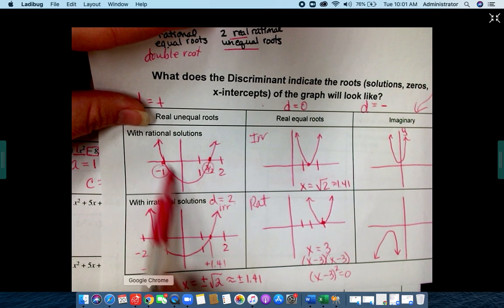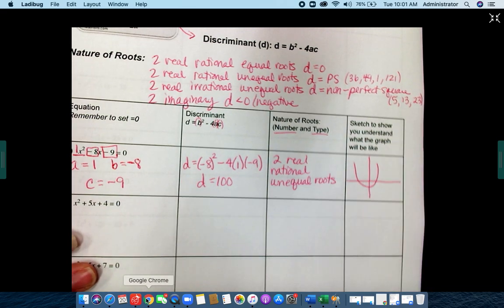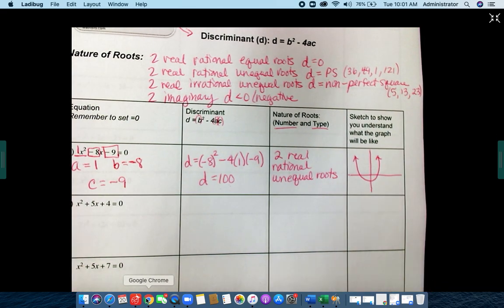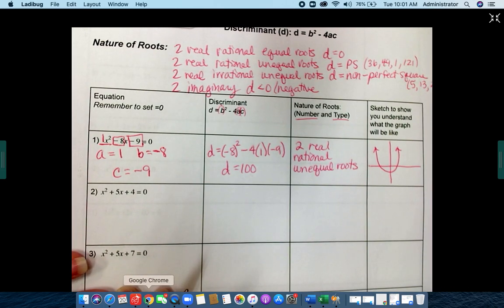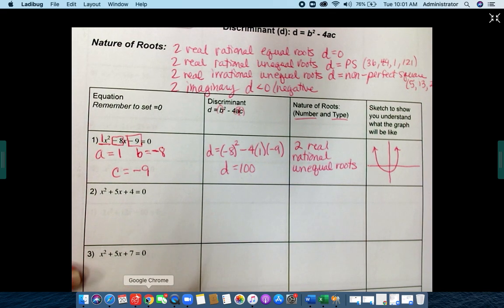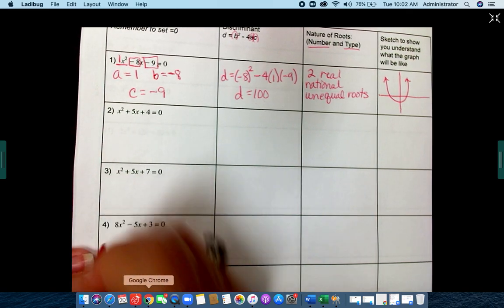But I'm going to hit the x-axis twice. That's what that means. So I just want you to draw a quick sketch of a parabola that hits the x-axis 2 times. We do not have to specify any specific value. All right. I'm going to move on and do number 4 now.